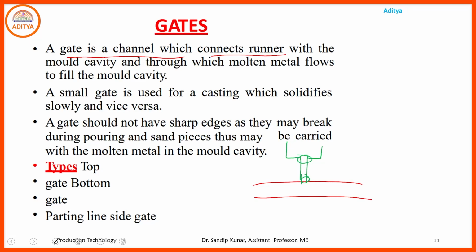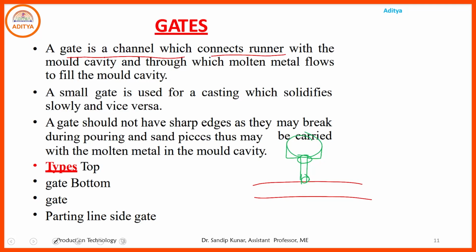A small gate used for a casting will solidify slowly. If the gate size is small, the flow of the molten metal is controlled and very low, so all the shapes of the mold cavity fill up easily.